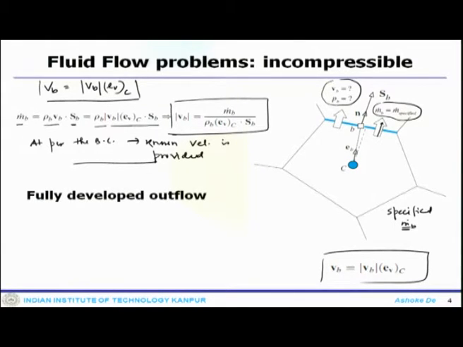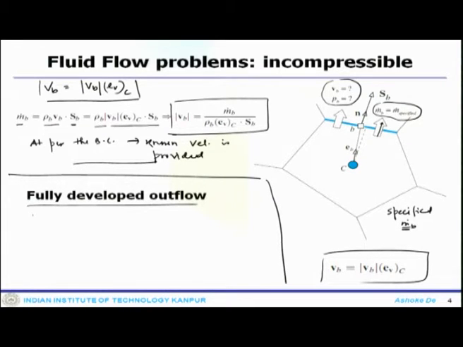Now, apart from that, one can also provide a fully developed outflow. So, fully developed outflow means at the outlet phase, if this is the outlet phase, there you assume the flow field is fully developed.